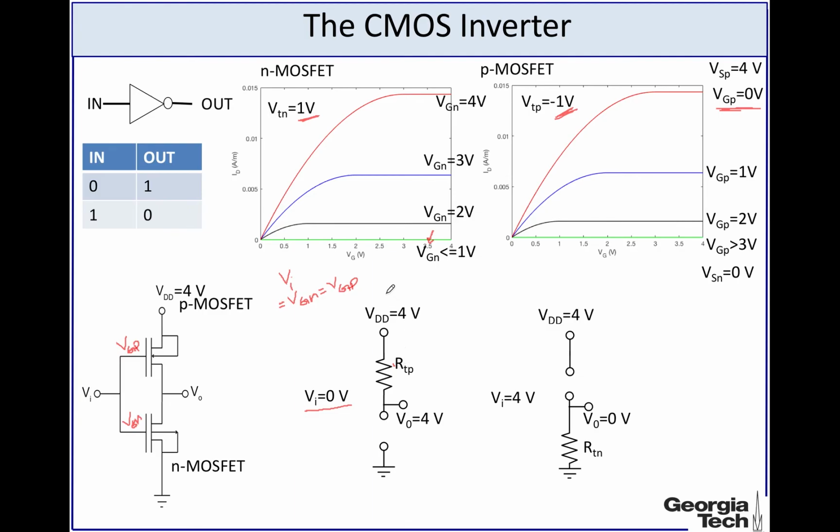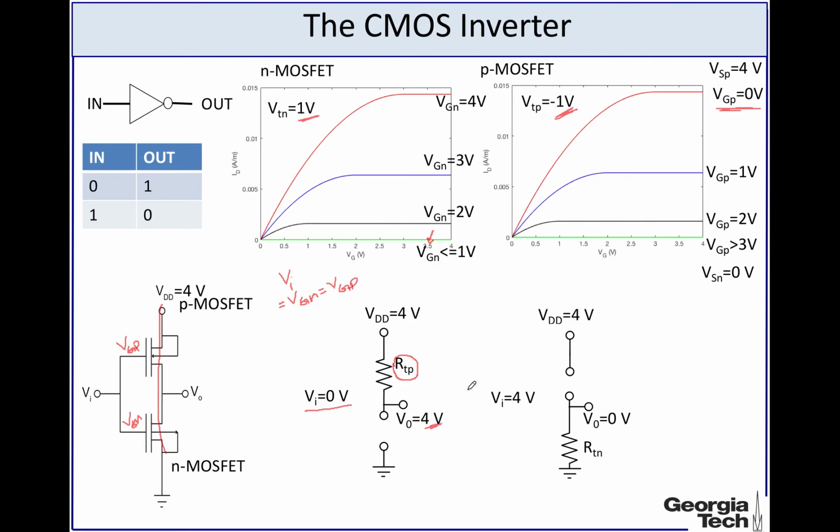So you can think about this current path as a series combination of two resistors. The N MOSFET is an open circuit, and the P MOSFET is a small resistance. If you apply the voltage divider law, the output voltage will become equal to 4 volts, because this is an open circuit.